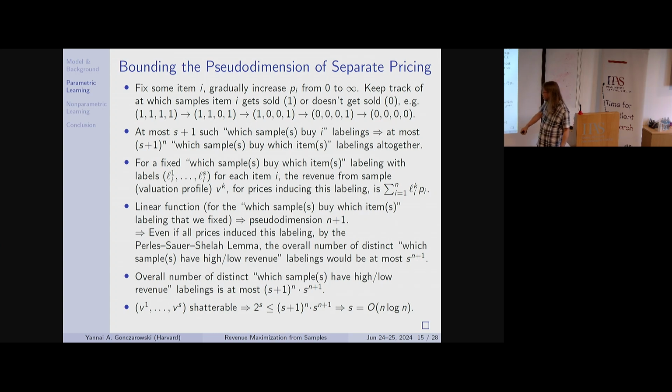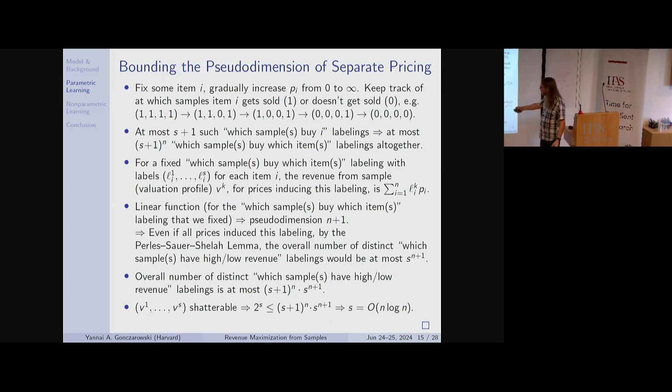It's for each intermediate labeling, even if all of the prices induce that one, the possible number of distinct high-low combination labels. And the intermediate labeling is one of those for each item. Yes.